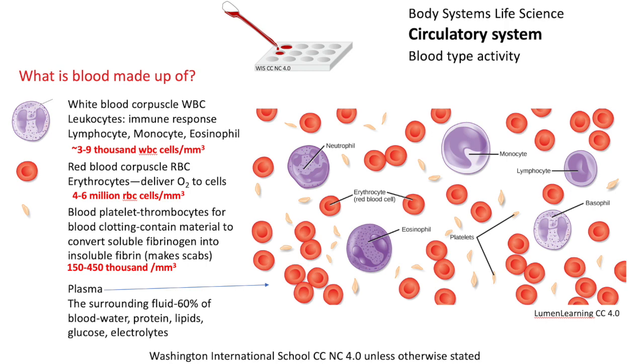And a close-up, magnified view of blood. On the left, it's a granulocyte, a white blood corpuscle or leukocyte, and there are 3,000 to 9,000 per cubic millimetre. There would be 1,000 times more in a cubic centimetre, the size of a sugar cube.